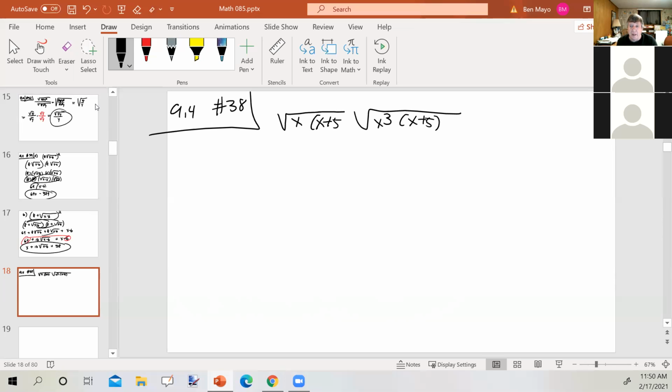So multiplying two radicals with the same index, we could write them as a single radical, and inside we get x to the fourth, x plus 5, the quantity squared, like that. So then, let's see here.